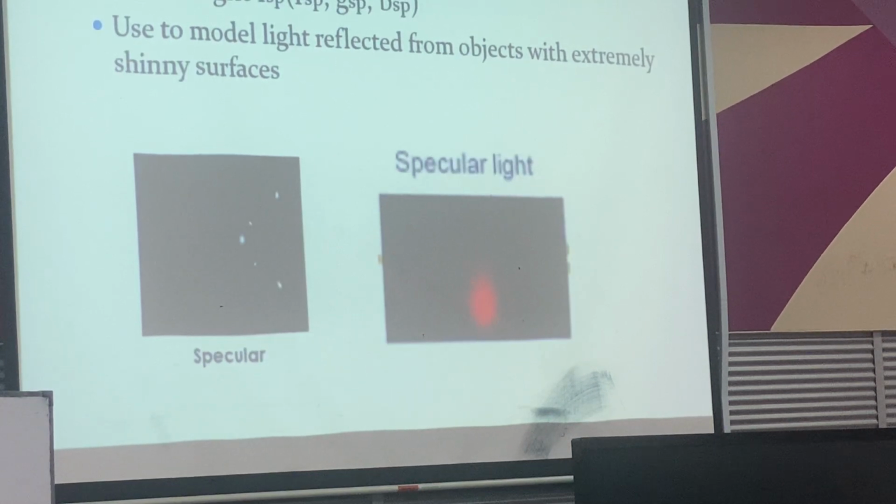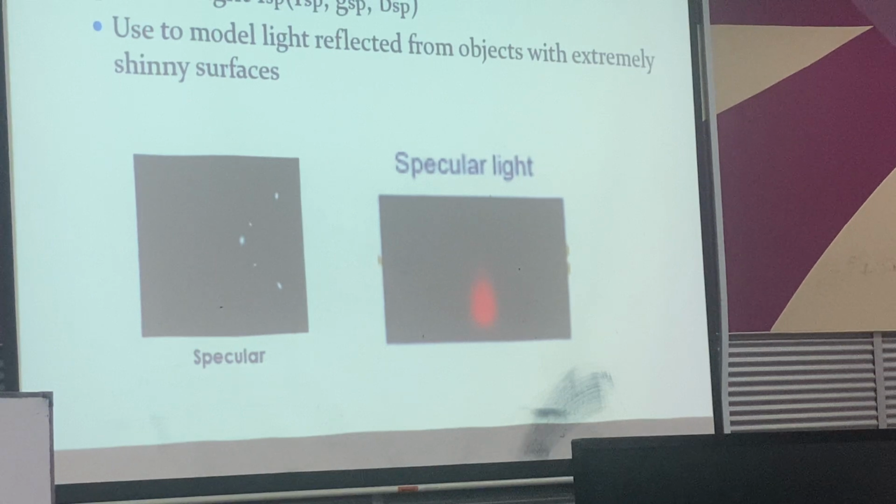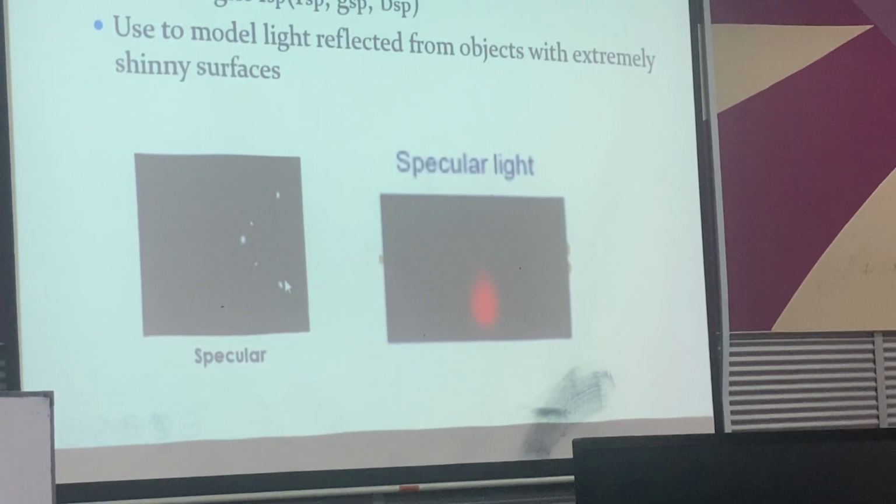The next will be the specular lights. Specular lights are normally used to do highlights, those extremely shiny spots, you see the dot there. They are used to model light reflected from an object with an extremely shiny surface, smooth and totally reflective, very bright. For the X object, this part is the one with the specular lights.